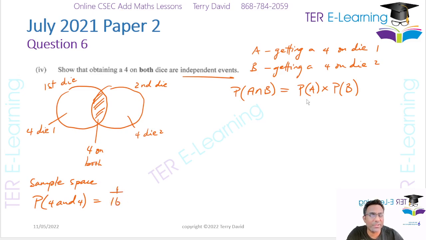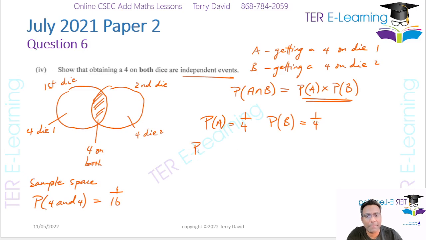So what we really need to do is show that when I multiply these two probabilities, I do get 1 over 16. Now, P of A, the probability of getting a 4 on the first die, is 1 over 4. To get a 4 on the second die, it's a quarter.